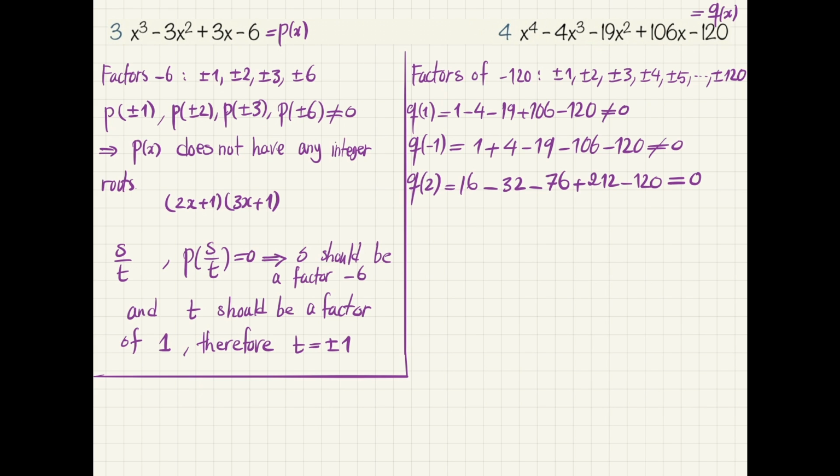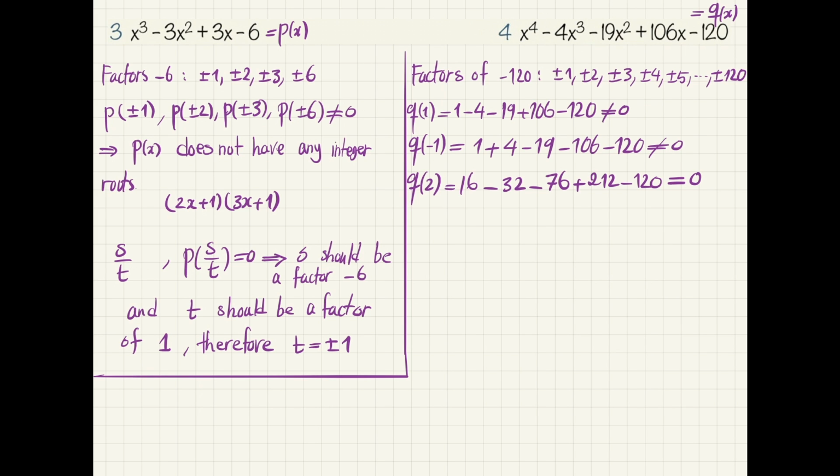Okay, so one possibility is that you immediately go and factorize this polynomial using long division, because now we know that 2 is a root, so this polynomial is definitely divisible by x minus 2. But of course, I did it this way when I was doing the main lecture.